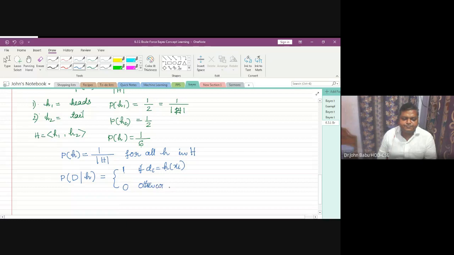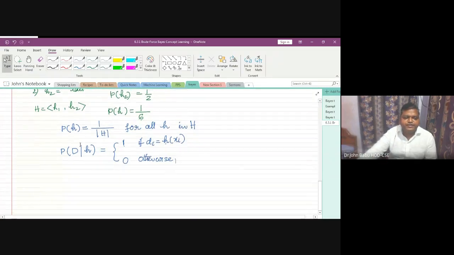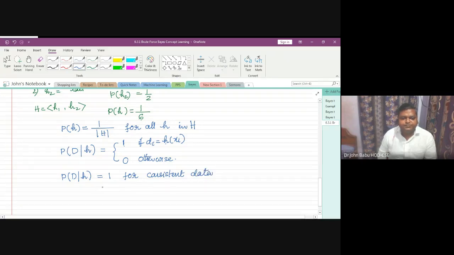That means the probability of data given h is equal to 1 for consistent data, and equal to 0 for inconsistent data, which will not fit the hypothesis.